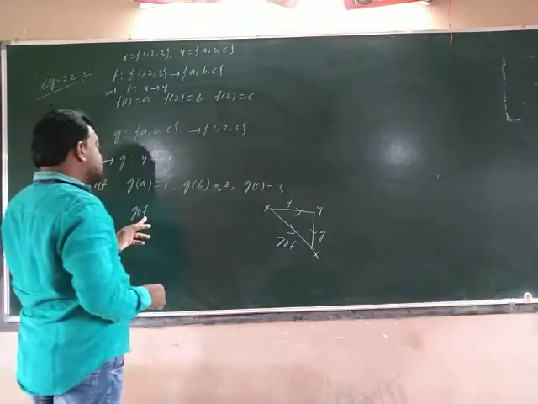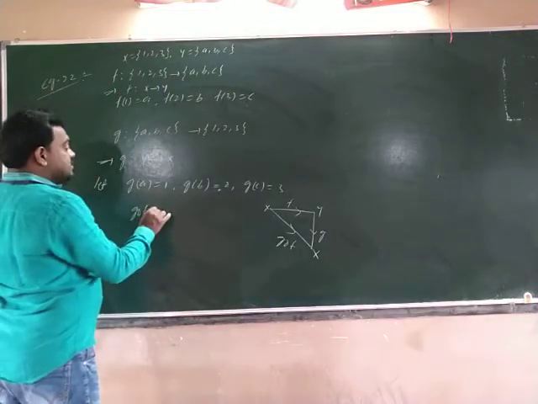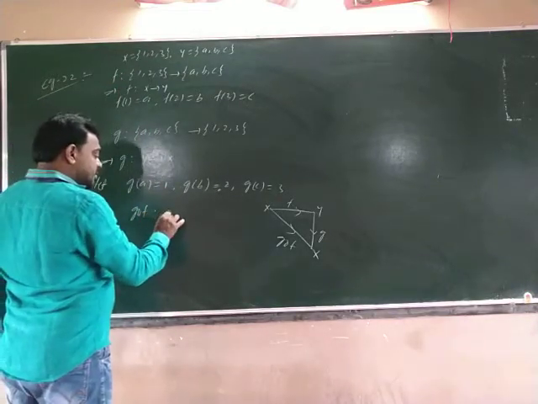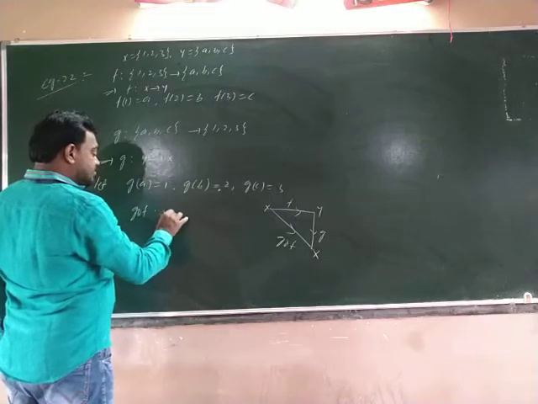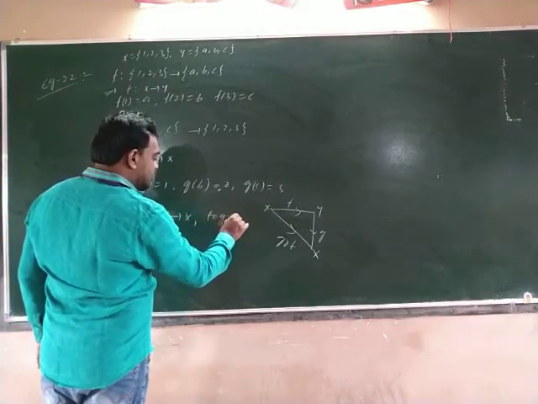So we take the elements of x. Next, f circle g is from y to y.